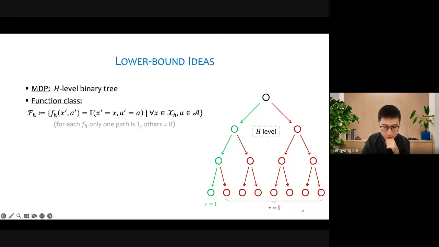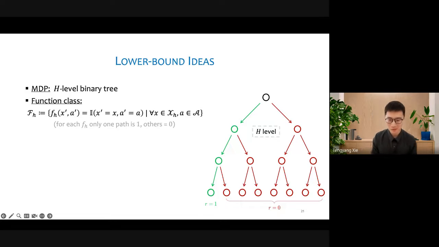For example, in this level, there will be a function F3, where only one of these paths has value 1, and all the others have value 0. And Q star is this one, which is 1, and all the others are 0.